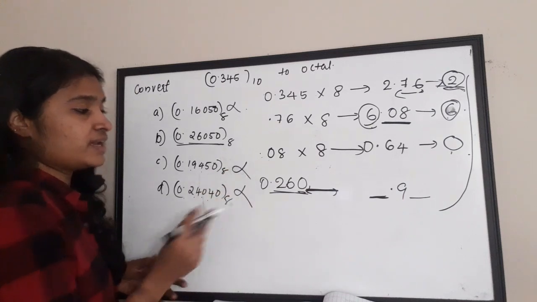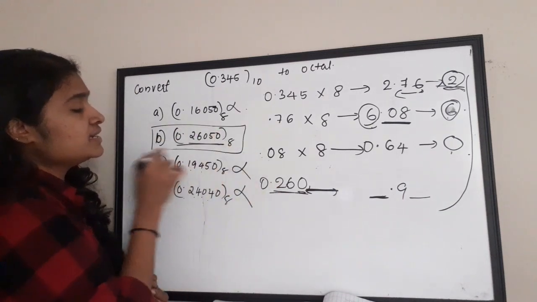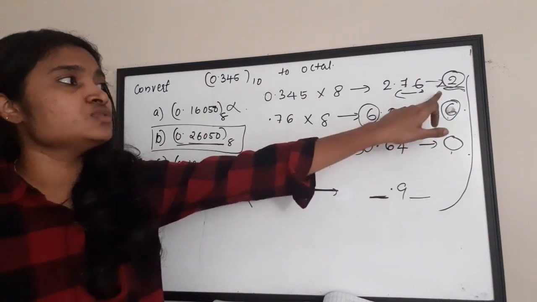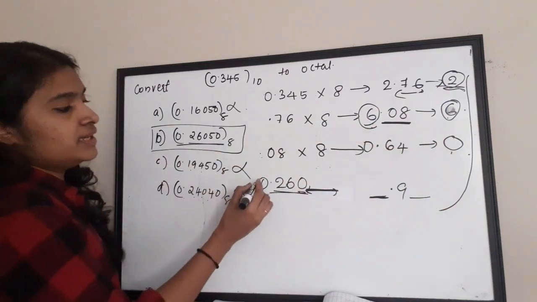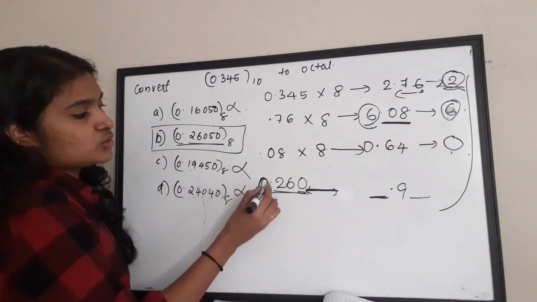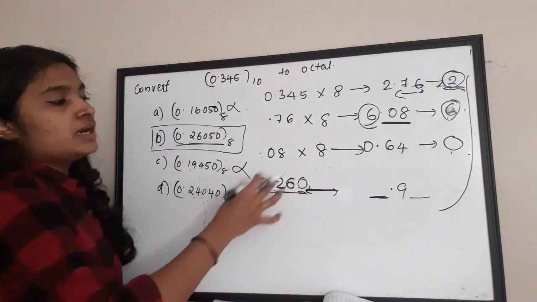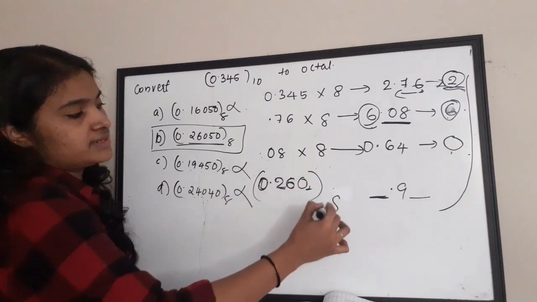This is also not our answer. Our answer will be option B, since for the 3 multiplications we have obtained values as 2, 6 and 0. So our result will be starting with 0.260 and likewise the result will be going to the base of 8.